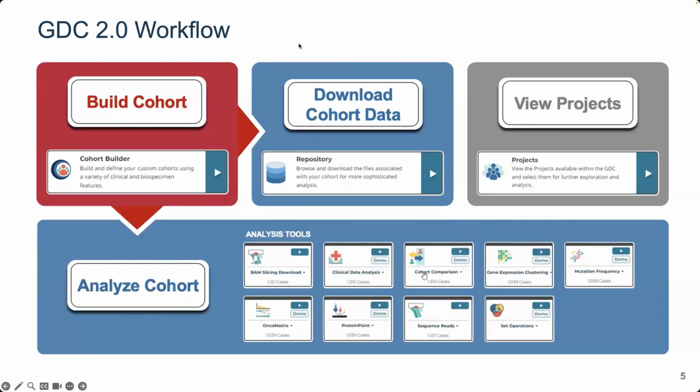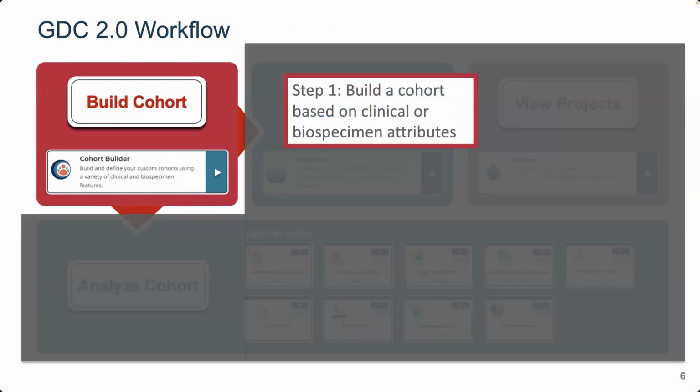So here this is a GDC 2.0 workflow, and it can be broken down into two basic steps. The first step is building a cohort. This is going to be demonstrated right after this. But this is just the act of taking all of the cases in the GDC and filtering it down to those with the clinical and biospecimen attributes that you're interested in.